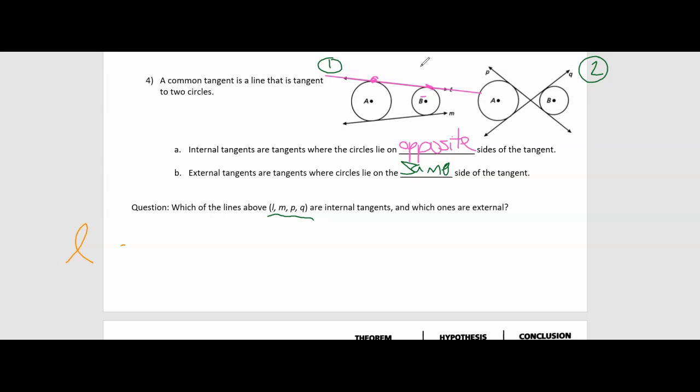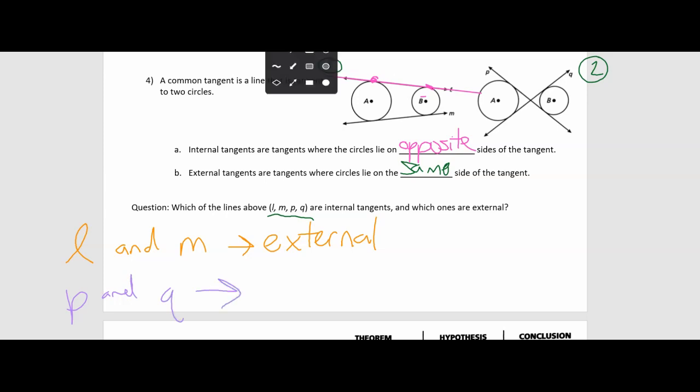Same with line M. So line L and M, these are external tangents because the circles lie on the same side of these lines. Whereas tangents P and Q, the circles lie on opposite sides of those lines. And again, you're just looking at one line at a time.